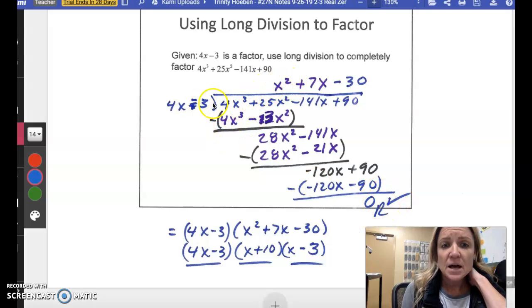So let's see. 4x goes into 4x cubed, x squared times. X squared times 4x is 4x cubed. X squared times negative 3 is negative 3x squared. Then we subtract, these cancel. 25x squared minus 3x squared is 28x squared, bringing down the minus 141x.